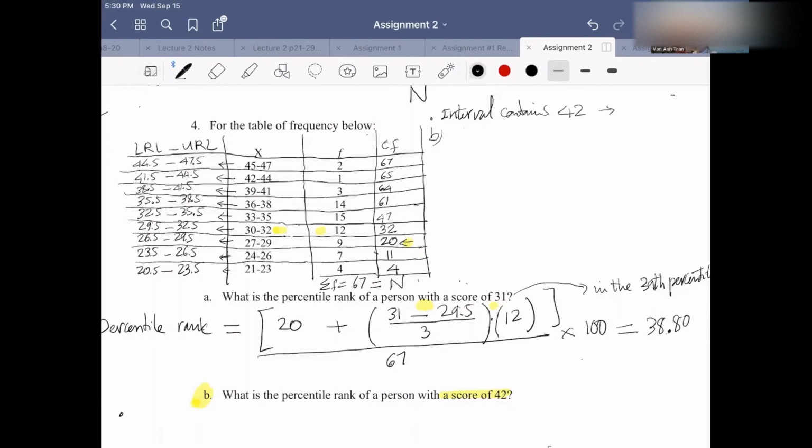Uriel, I'm seeing that. We're talking about part B right here, okay? All right, so you guys say that is 42 to 44. Let's look at the table to see if that is true, okay?